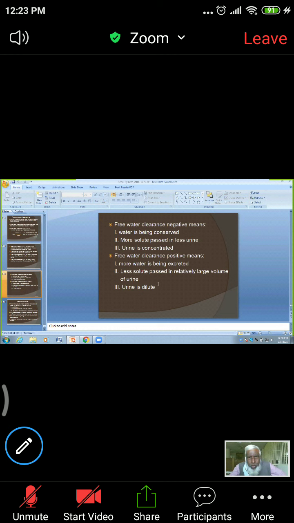This is important to remember. When free water clearance is negative, the urine is concentrated and the body is conserving water. If it is positive, water is being excreted and less solute is passed in urine; urine is dilute. So we can conclude here.